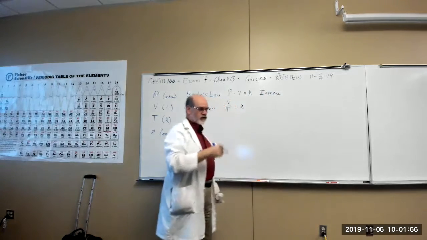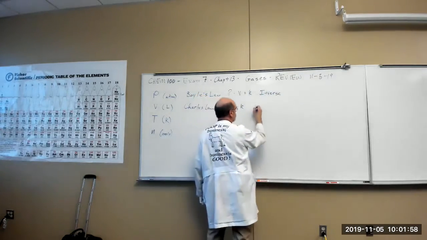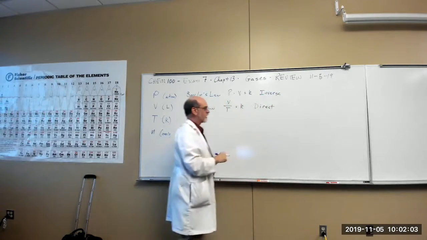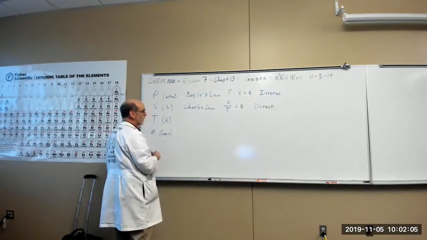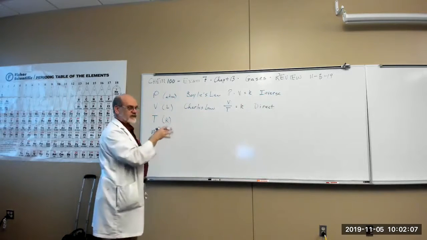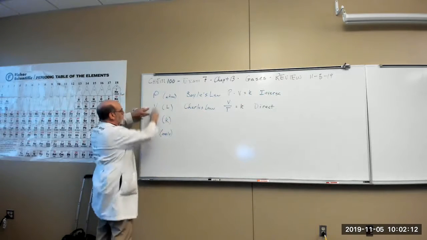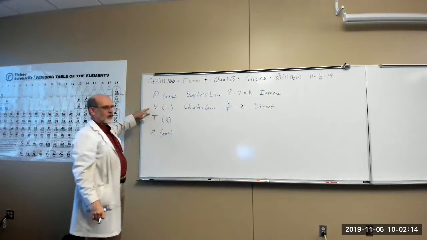When a quotient is equal to a constant, then you have a direct relationship, or a direct proportionality. So if we're going to let volume and temperature vary, then we have to hold pressure and moles constant.